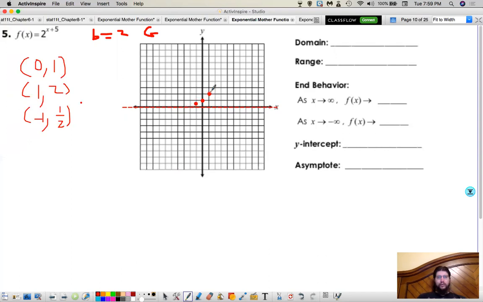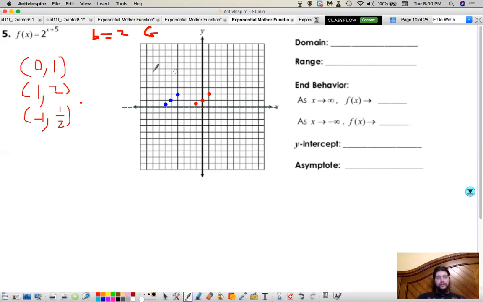These are my basic points, but now I need to transform them just like we did in the past. So do we have any reflections? Nope. Stretches and compressions? Nope. Shifts? Yep. All these guys are going to go left 5 units. So 1, 2, if I can count, 3, 4, 5. And about like that.